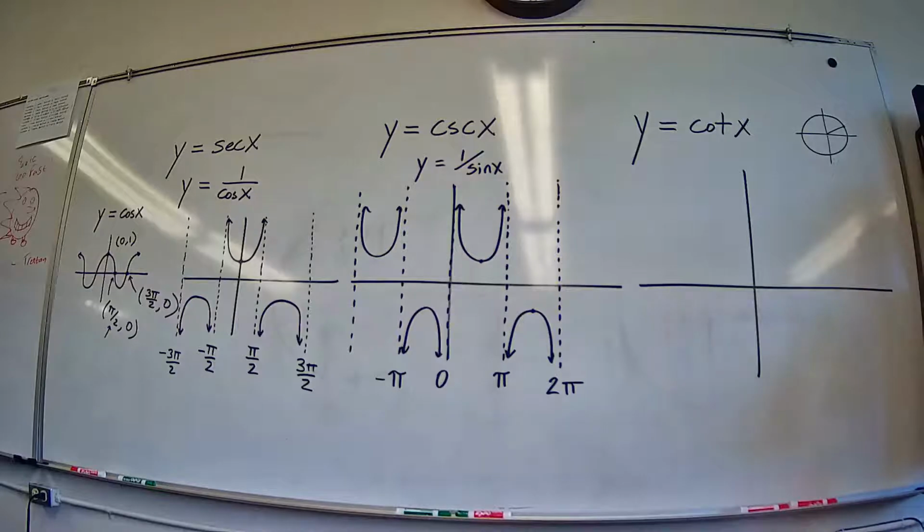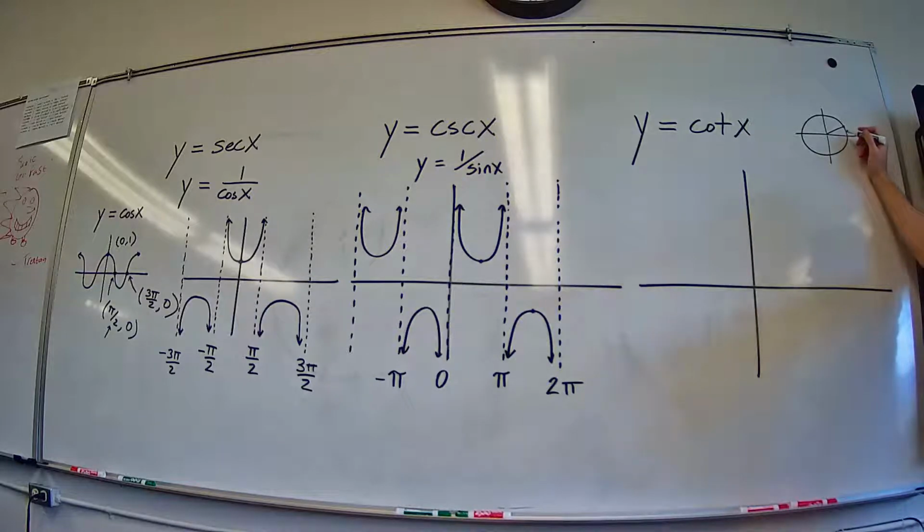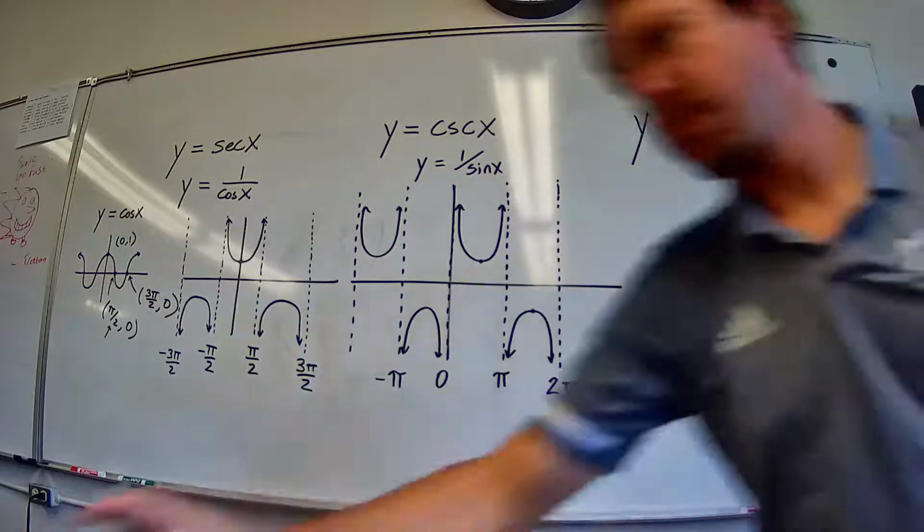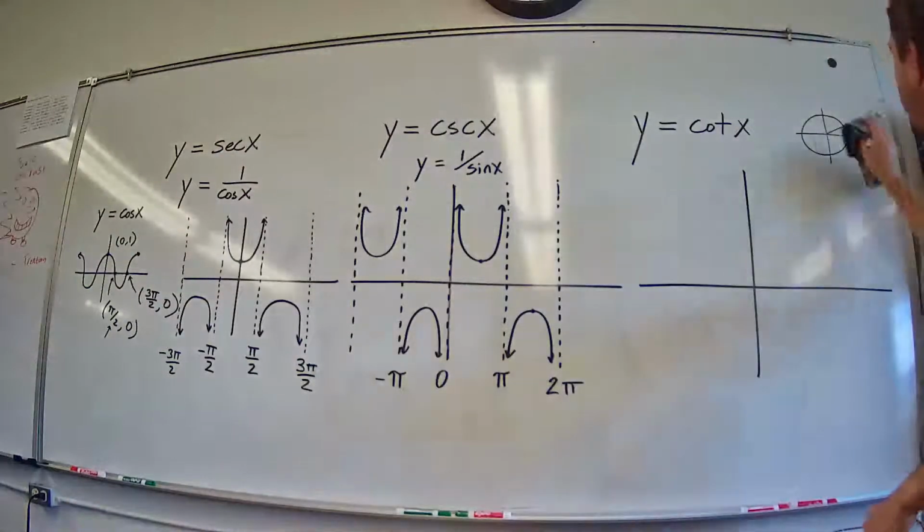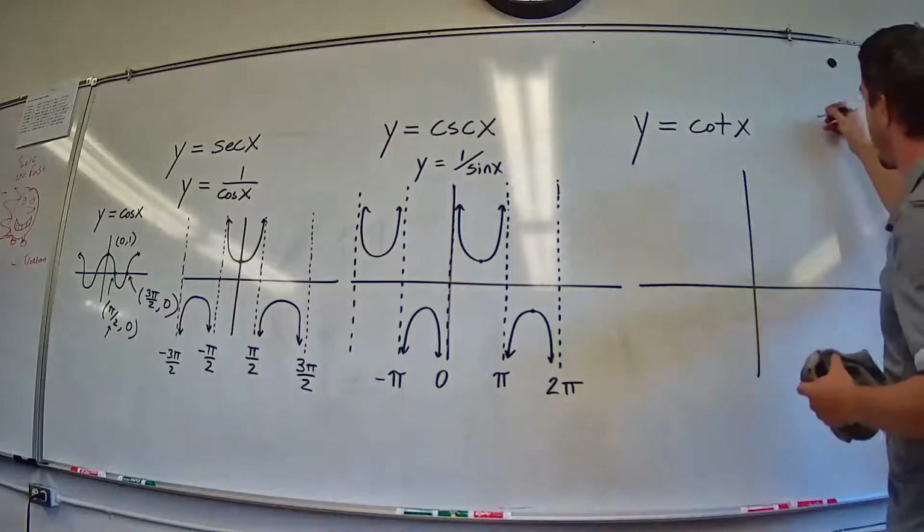That'd be the tangent. Yeah, so the cotangent is on the unit circle, it's the x to y ratio, x over y. So where is the cotangent going to be 0? Well, let's look at 0 first. Hold on. This one always trips people up, the cotangent. And it's because it's kind of a rare one.